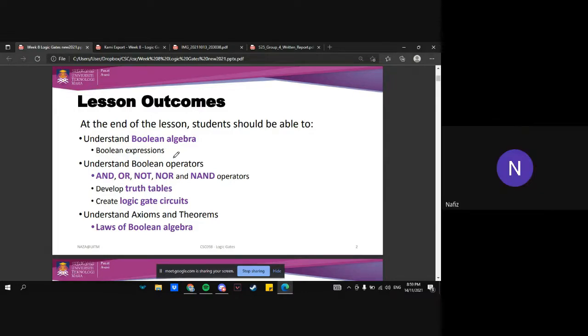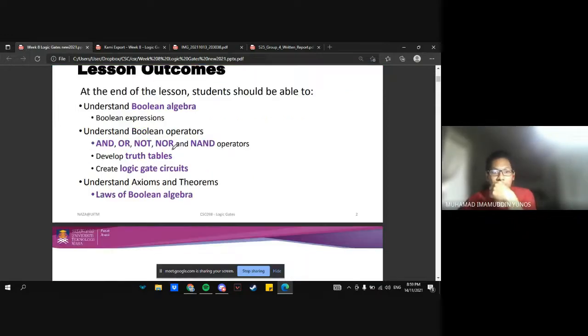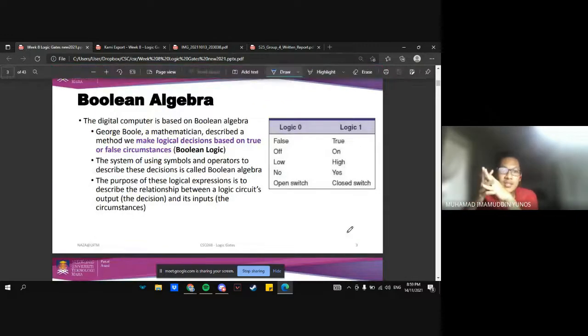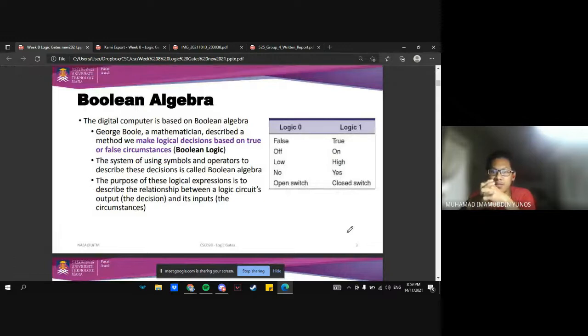They're the same. For Boolean algebra, the digital computer is based on Boolean algebra. George Boole, a mathematician, described a method to make logical decisions based on true or false circumstances. As you see on the diagram on the right side, zero means false, off, low, no, open switch, while the digit one means true, on, high, yes, close switch.